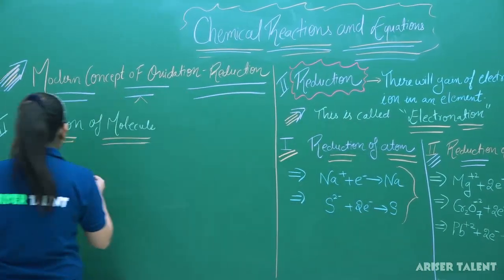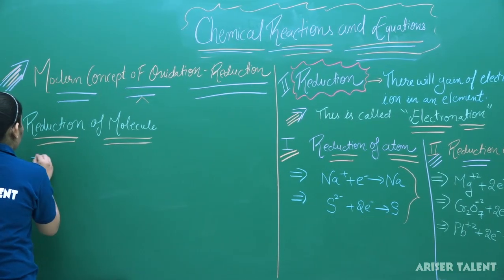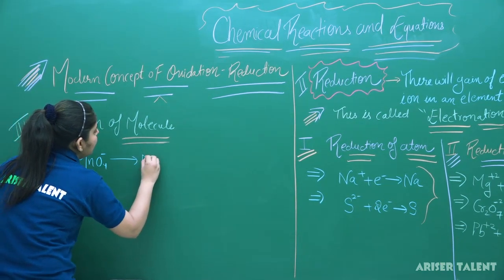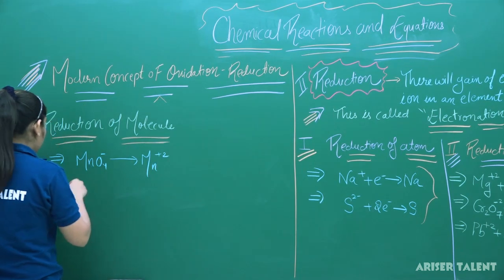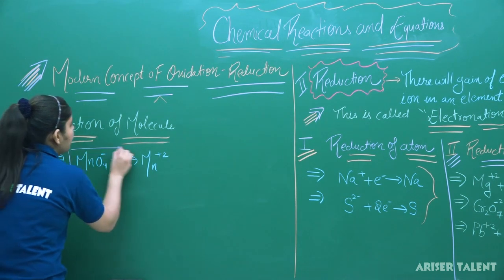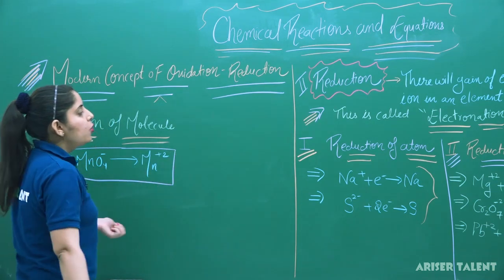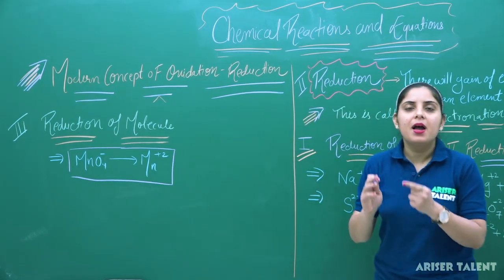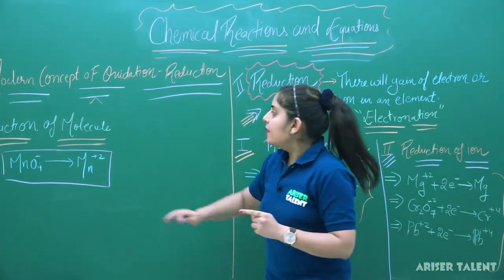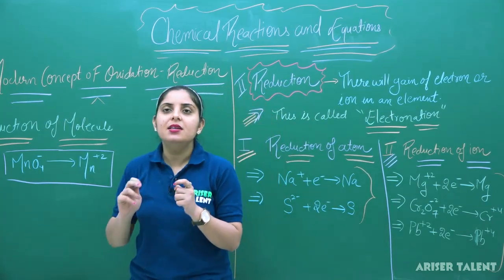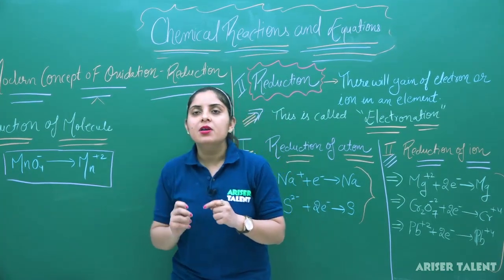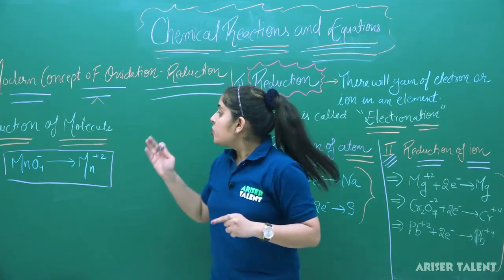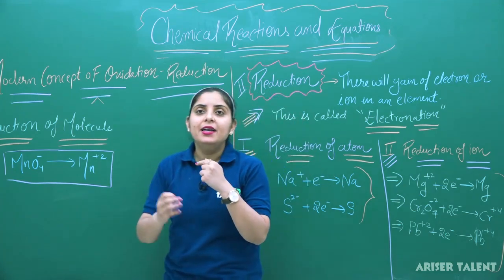What will happen in the case of manganese oxide? We are provided with MnO4- and we get Mn2+ on the product side. So this is the example for reduction of a molecule. So these are the basic reactions related to reduction of atom and ion. Ion can be cation or anion, and the other category we discussed is reduction of molecule. What you observed in reduction of a molecule is that positive charge or electron is added to the equation.